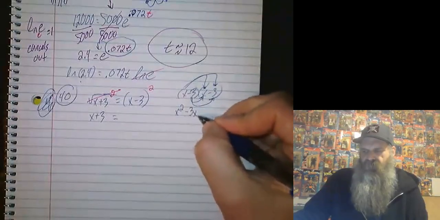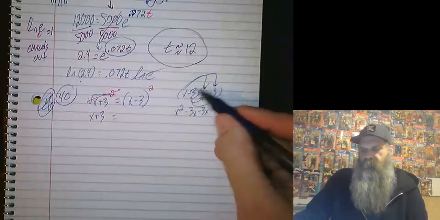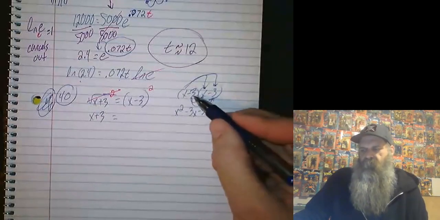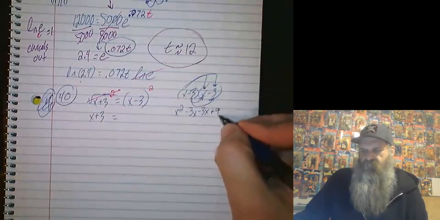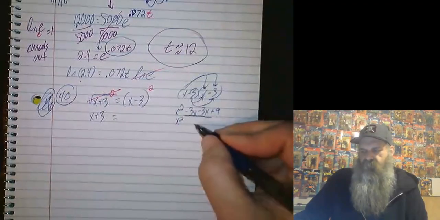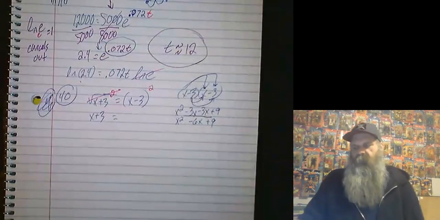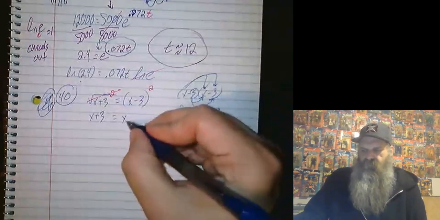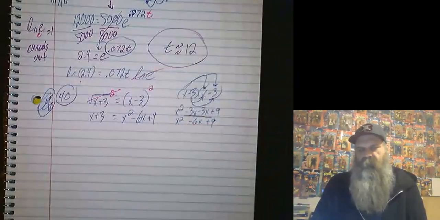On the outside and the inside, we get the same negative 3x. And then negative 3 times negative 3 is positive 9. Let's simplify our middle terms. Negative 3x minus 3x is negative 6x plus 9.